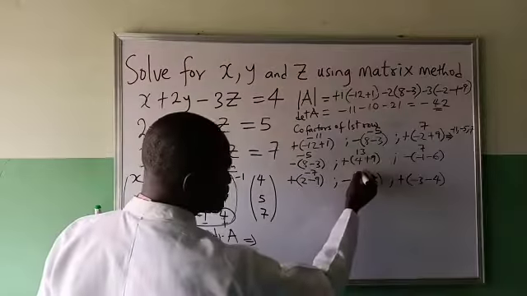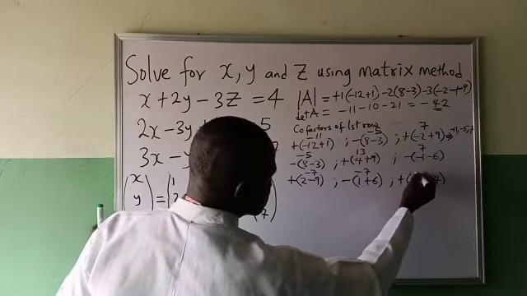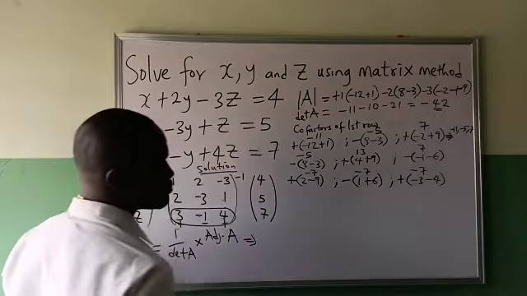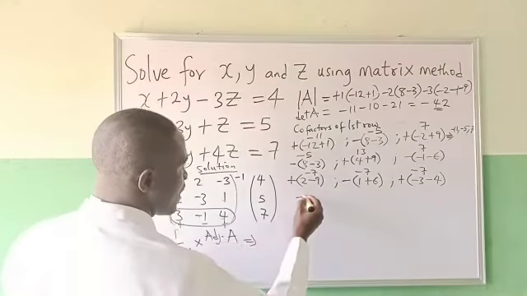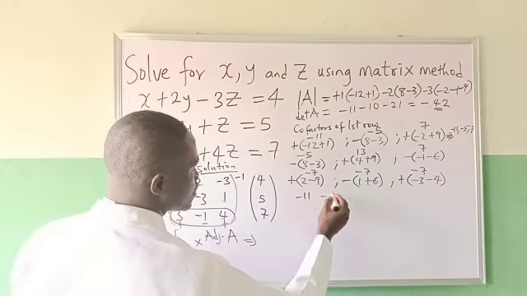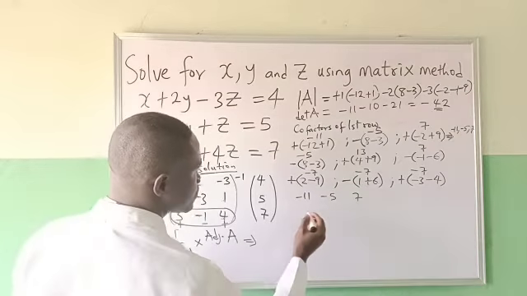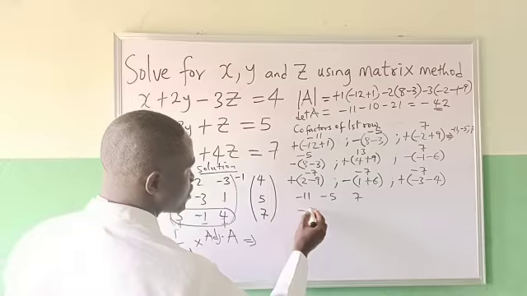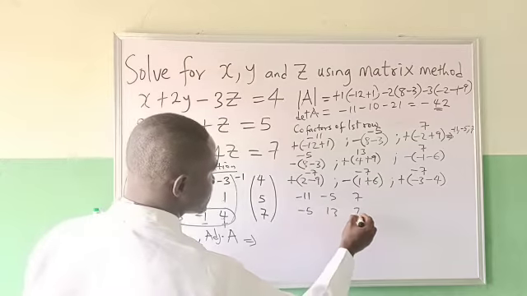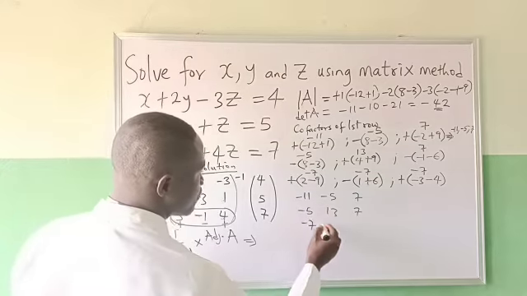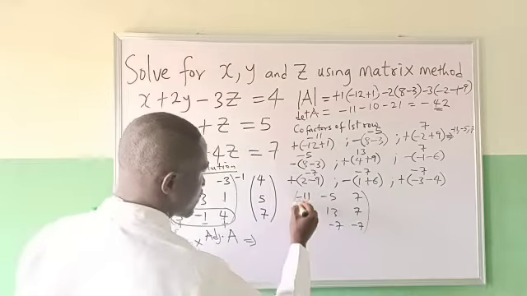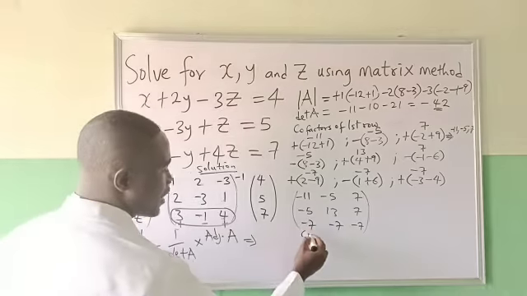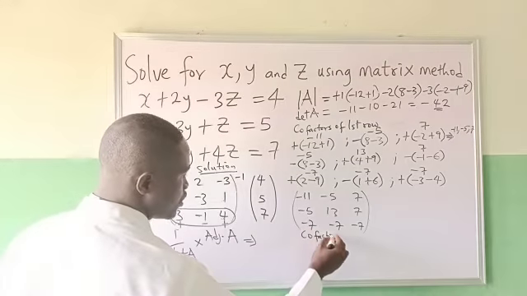This 7 times is minus 7. So let's write our answers. Minus 11, minus 5, and 7. Then minus 5, 13, and 7. Minus 7, minus 7, and minus 7. Okay? This is their cofactors of all the rows.